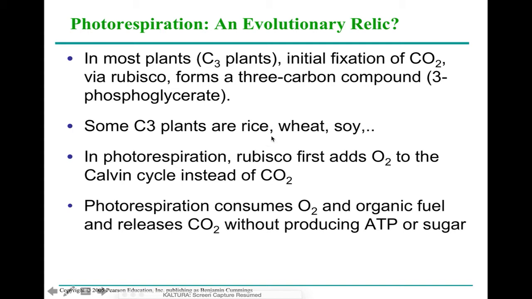So rice crops, if they can avoid photorespiration by introducing some kind of gene which can stop rubisco from getting confused between carbon dioxide and oxygen, then rice crops would make 50% more rice, and same thing with wheat and soy. So yes, whatever you get from non-GMO rice, wheat and soy crops, they're actually producing 50% of their productivity.